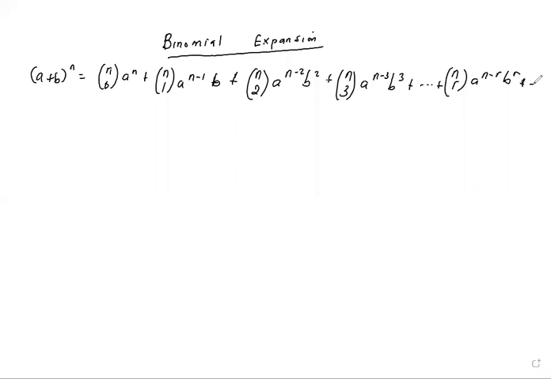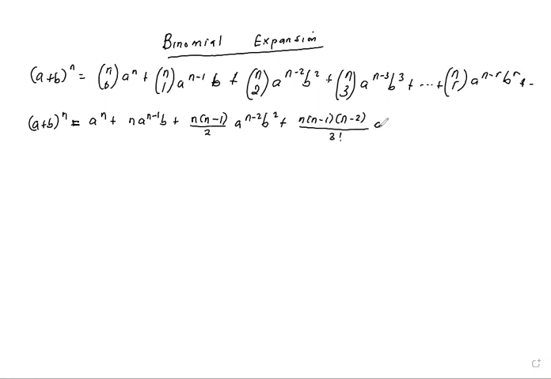We also had examples where after we solved for the coefficients here, another thing came out to be an plus n minus 1 b plus n minus 1 over 2 an minus 2 b2 plus n minus 1 n minus 2 over 3 factorial an minus 3 b3.